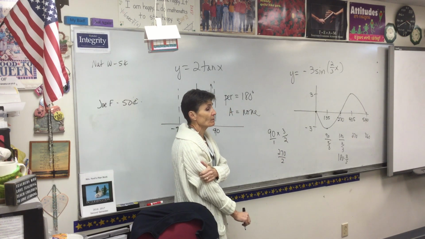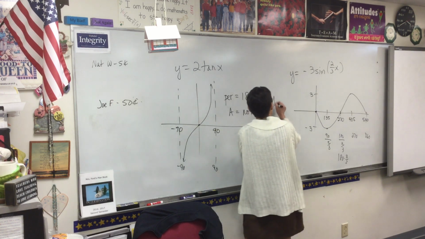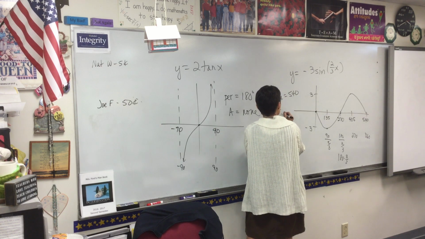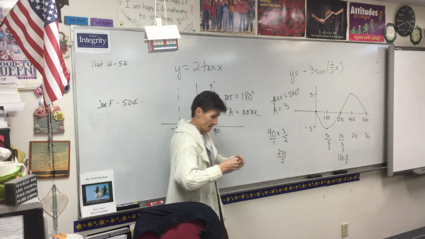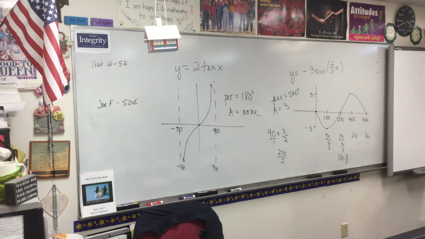So you can do it either way, I don't care. Whatever is easiest for you. What's my period? 540. What's my amplitude? 3. Very, very good. Now, then, I'll let you know tomorrow or the next day, or I'll put it in PowerSchool too, when your test is going to be. We've got a couple more days of review ahead of us.